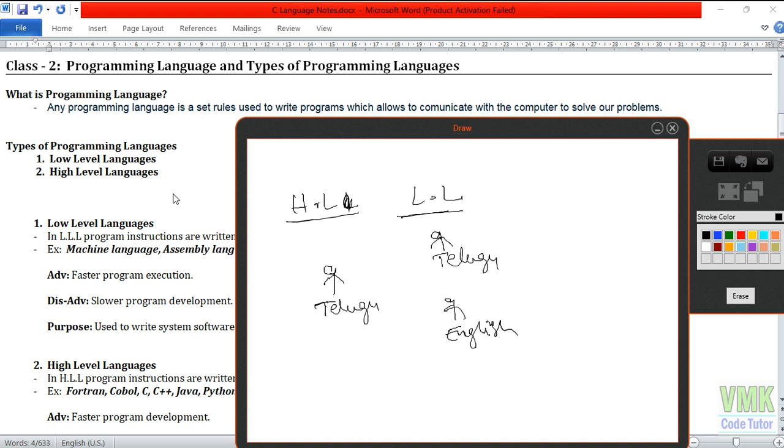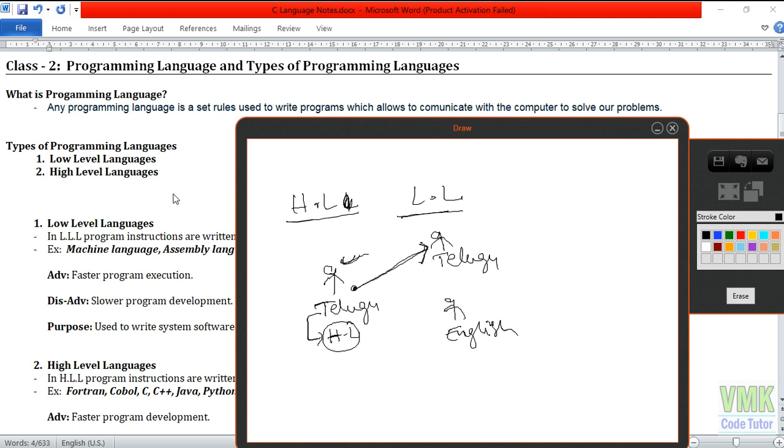Now the Telugu person can freely speak to the Telugu person. This person communicates with this particular person very freely, very easily. Therefore, Telugu is a high level language for this particular person.